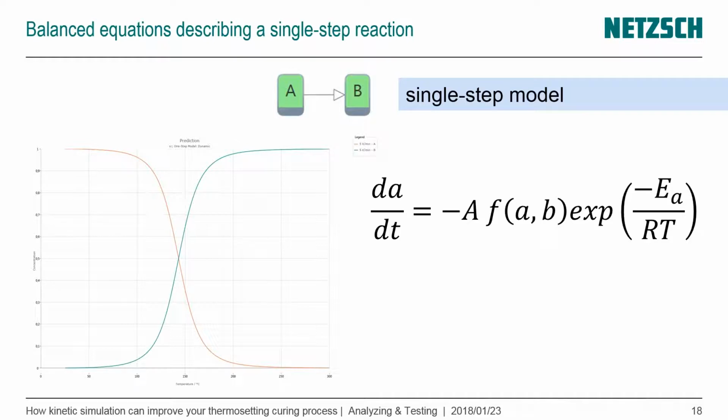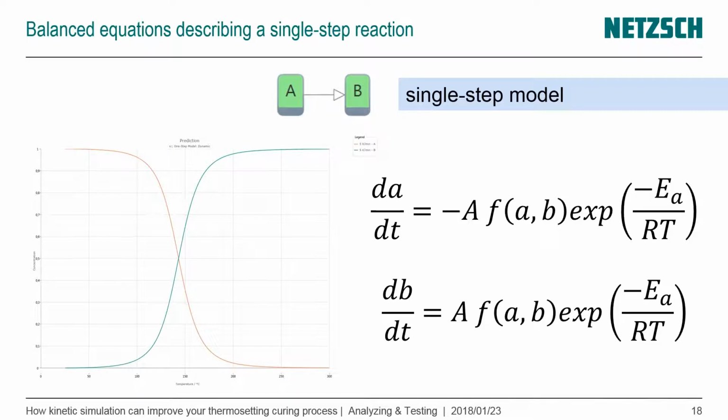And the Arrhenius equation is used to describe this behavior. So the concentration of educt A is decreasing, and with the same ratio, the concentration of product B is increasing. That's what Kinetics NEO is doing behind the scenes, calculating the fit for your measurement data.